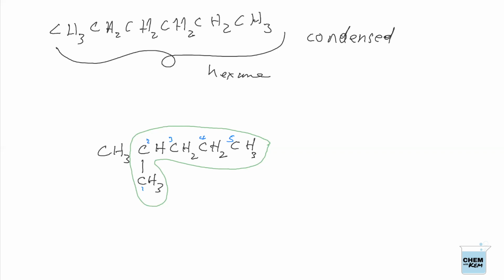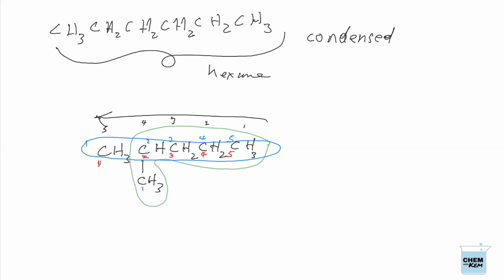If we had counted this way, then this would be 1, 2, 3, 4, 5. If we had counted this direction, then we would have 1, 2, 3, 4, 5.